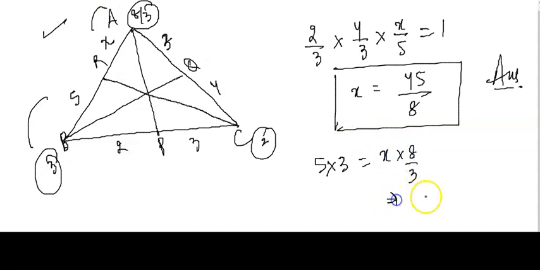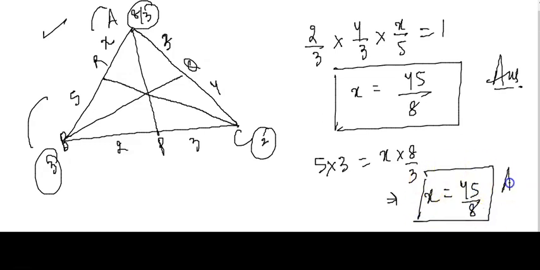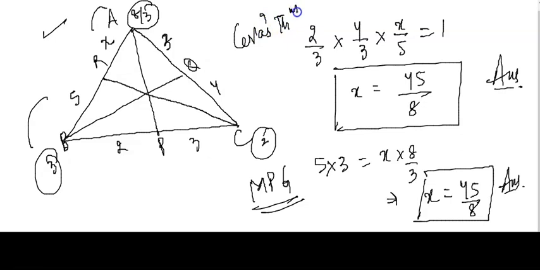From here also you get 45 by 8. So you can verify your answer with both approaches. If you have not covered mass point geometry, you can go through the mass point geometry session, which we discussed in our previous sessions. This one is using Ceva's theorem.